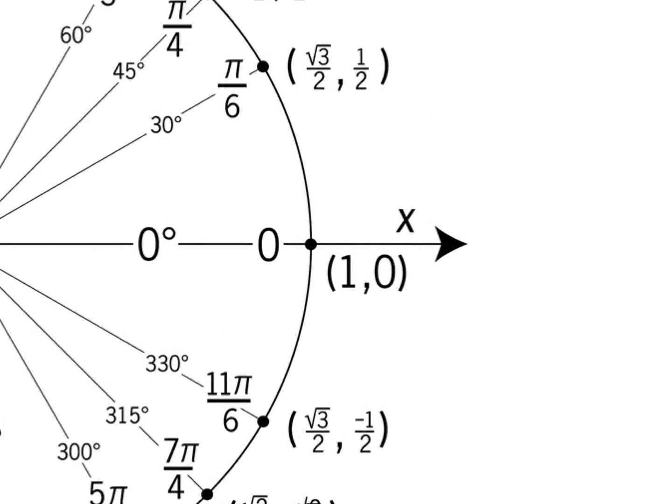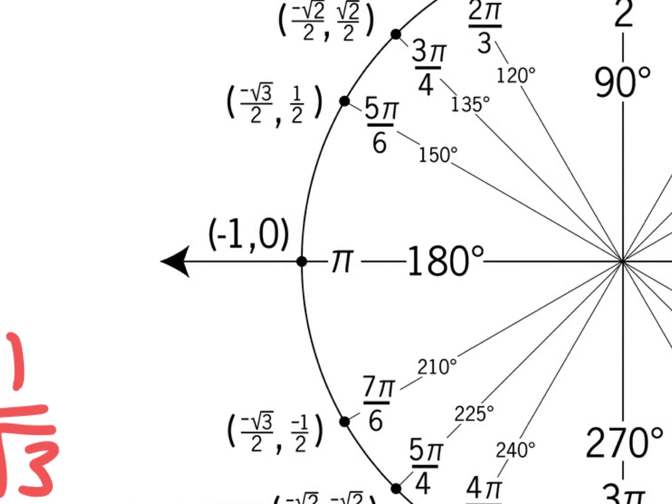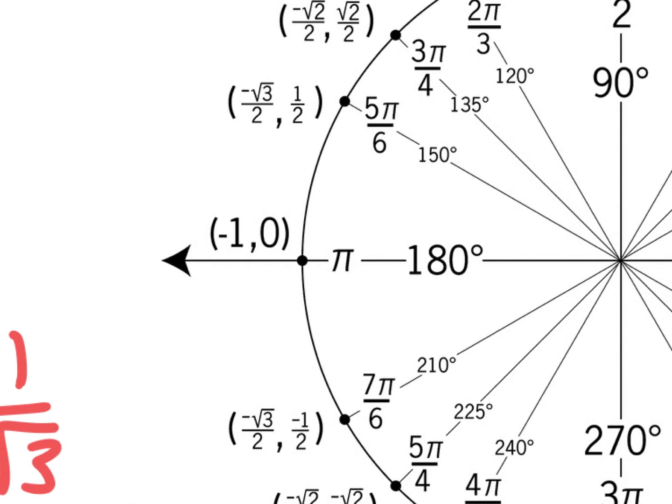If I go over here at 0 or 2 pi, your tangent here is y over x, which is what? 0. So what's the tangent, guys, at pi? Take the y, put it over the x. What is it? It's 0.